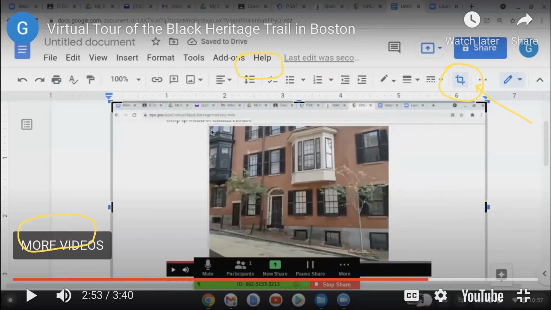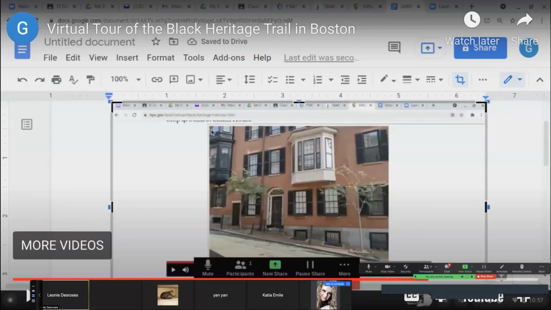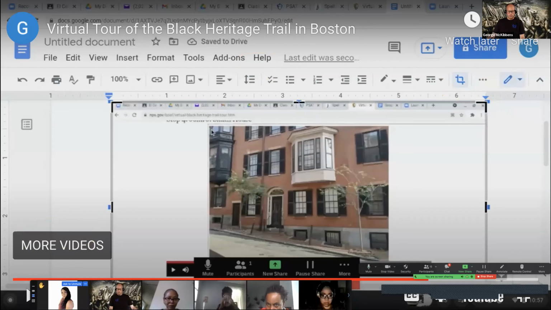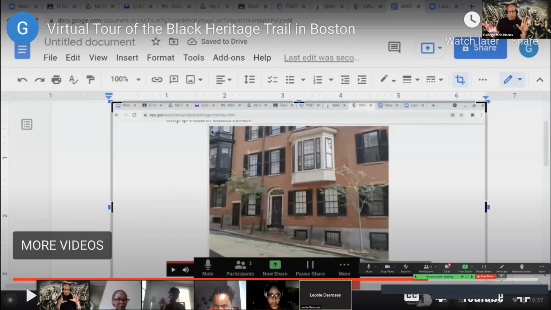Leonie: Teacher, could you repeat the second part? When I finish taking the screenshot, where do I have to go? Well, once you take the screenshot, you add the screenshot to the Google document. So take the screenshot, that's Control Window Switcher.